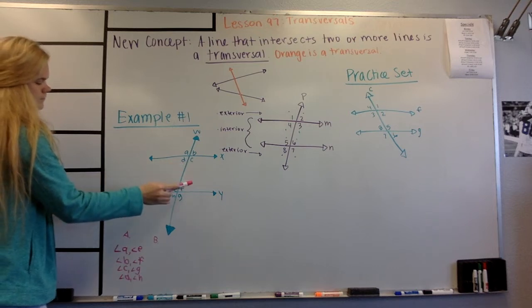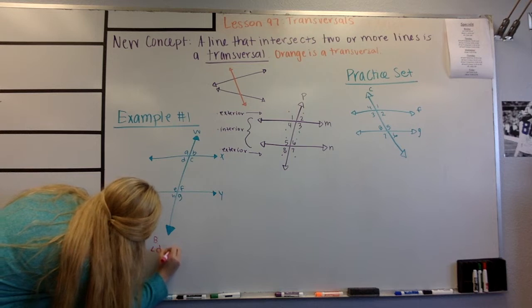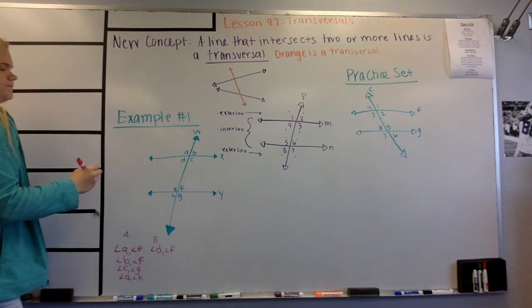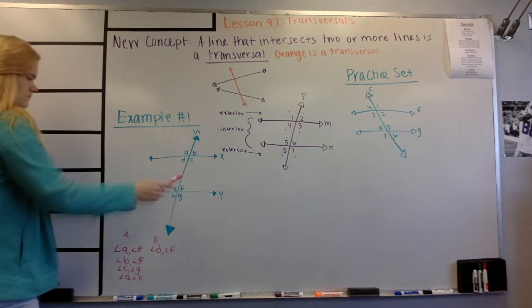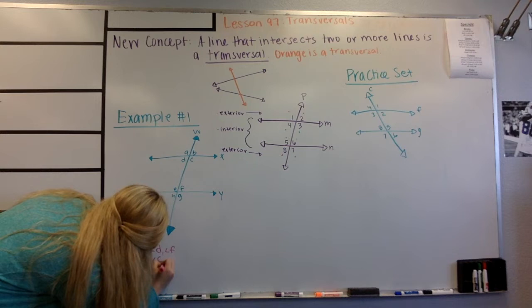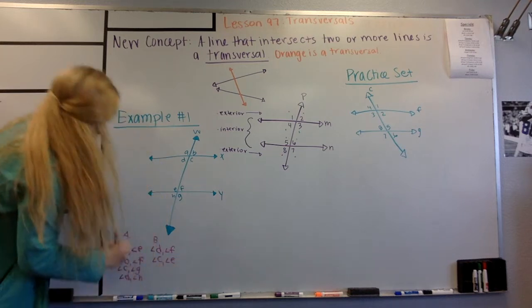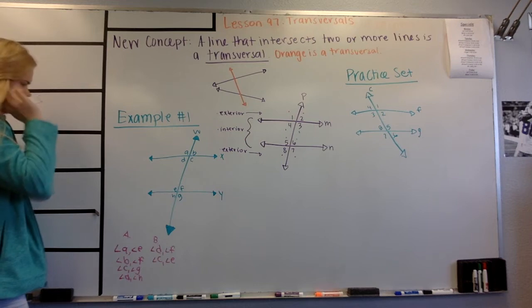It would be angle F. So we have angle D on the left, and its interior alternate would be angle F on the right. And then we have angle C and angle E. Angle C this time is on the right, and angle E is on the left.